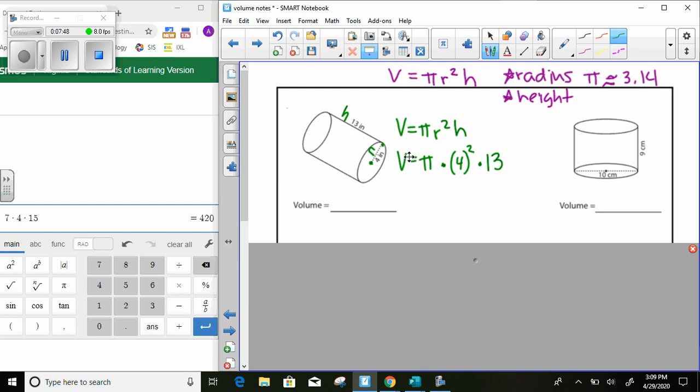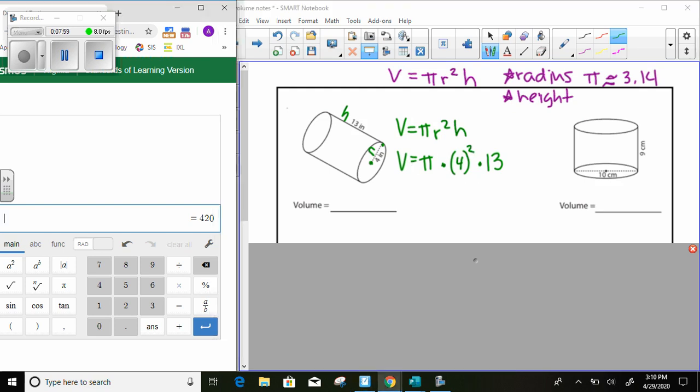Now if we were to calculate this on our own, we would know that we would need to do our order of operations by squaring 4 and then multiplying across. Or we can go over to our Desmos calculator that we have here. And rather than using the pi button today, we're going to be using the 3.14. So I'm going to rewrite this as 3.14 times 4 squared times 13.